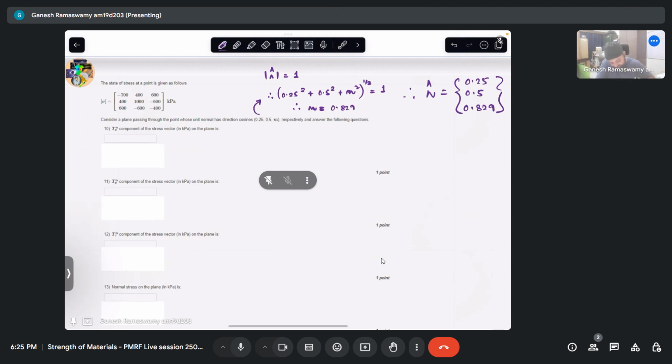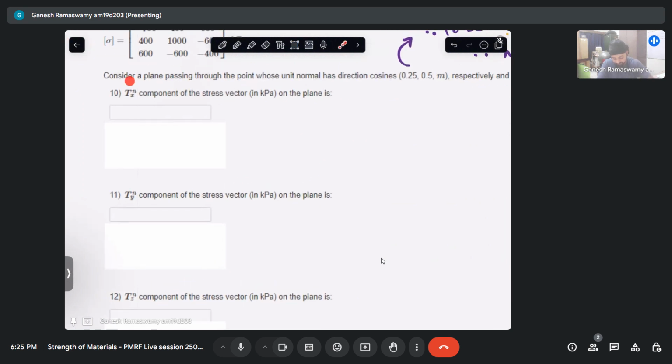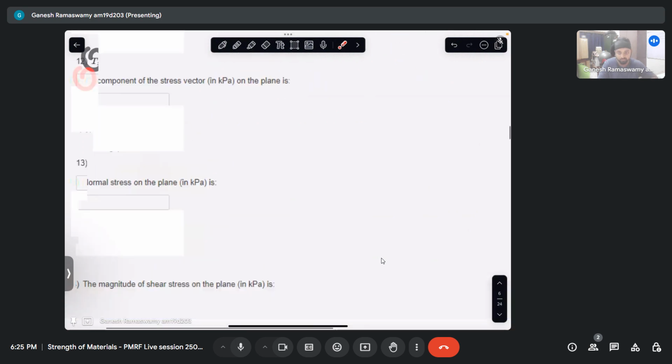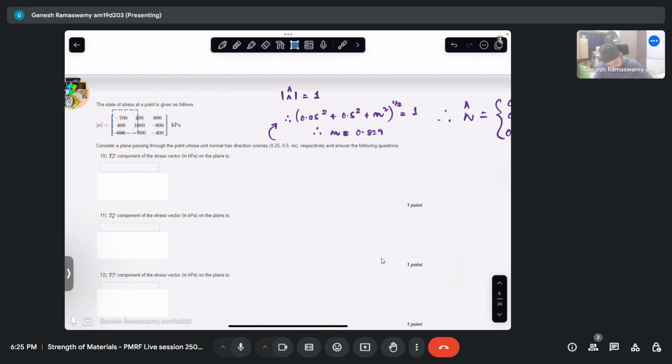All right, so given this, we have been asked on this very plane, what are the traction vector components, what is the normal stress and what is the magnitude of the shear stress. So it is easy for us to find out using Cauchy's formula.